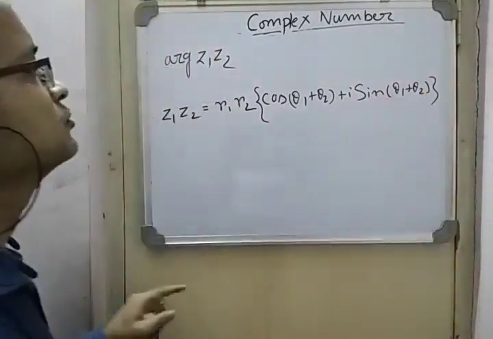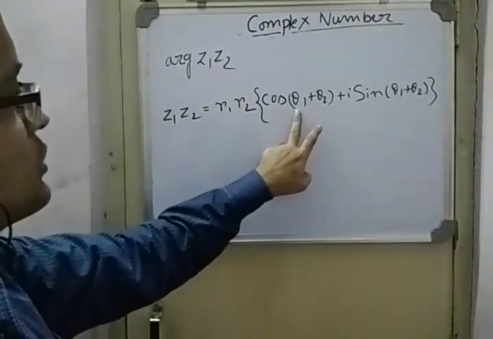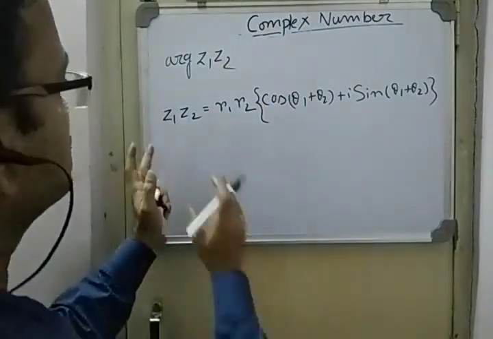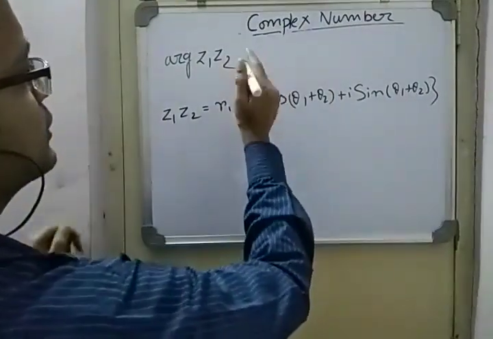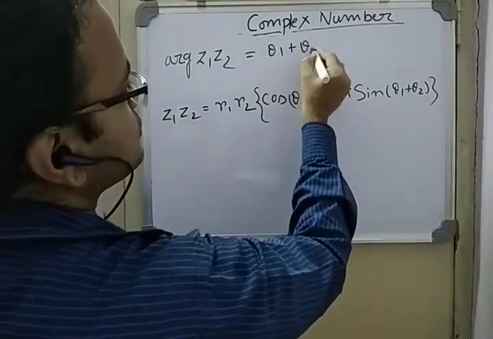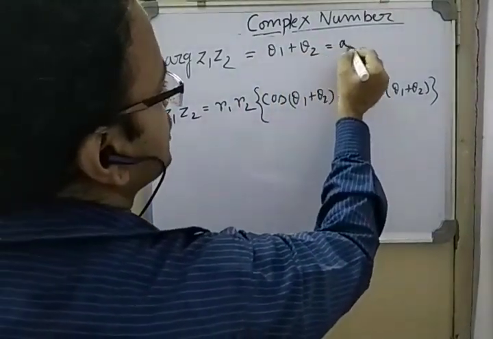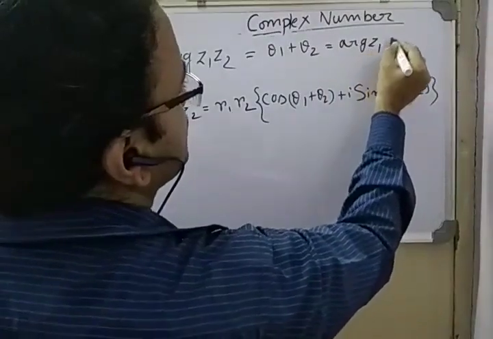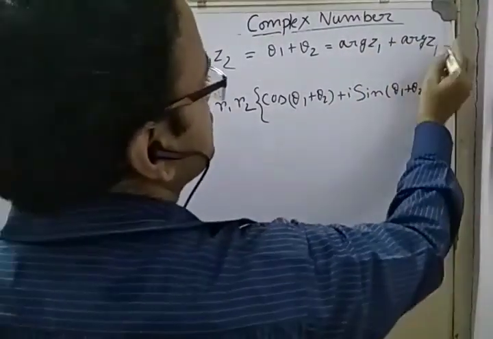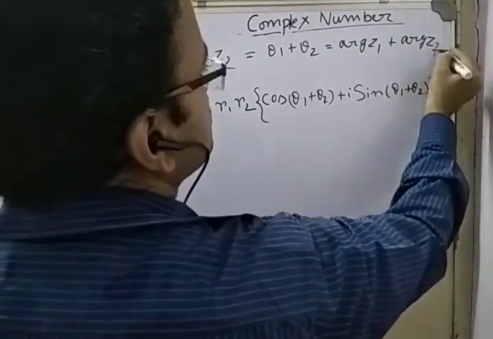Angles got added. So theta 1 was the argument of z1, theta 2 was for z2. So z1 z2 is this. Now if you take the argument of this, what does it become? Theta 1 plus theta 2. Theta 1 is argument of z1, theta 2 is argument of z2. So this is a simple proof, okay?